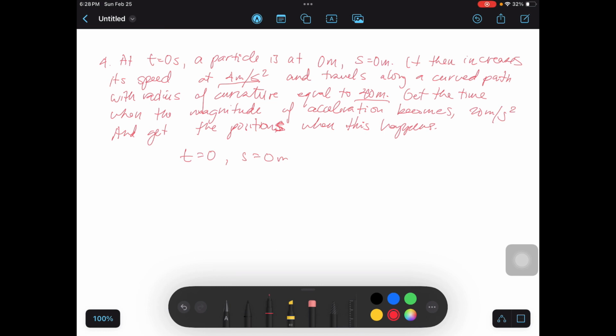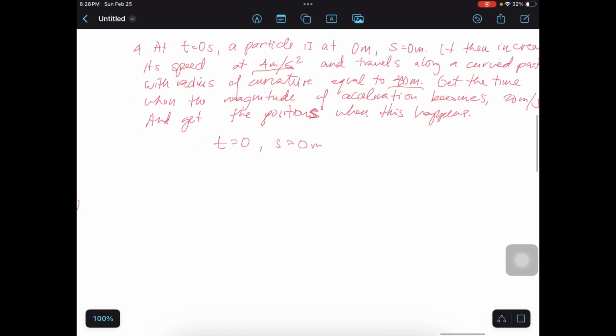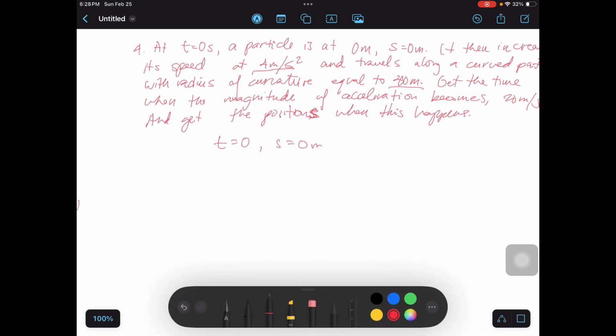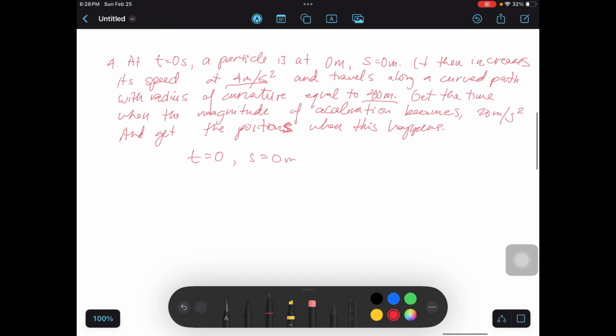So, sabi ko nga, again, this is similar to the example we had sa discussion. So, let's solve. Meron kang constant na acceleration. Nasaan yan? Ito. This is AT.